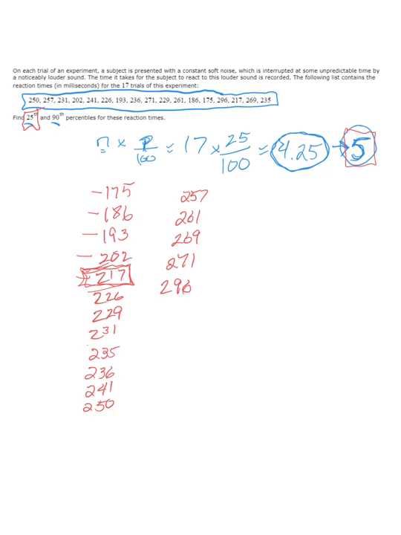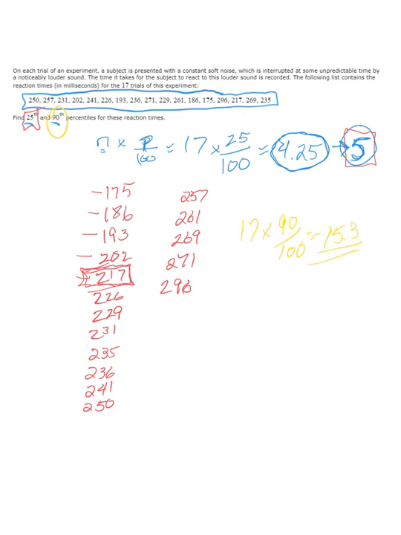So next, I need to find the 90th percentile. So again, I am going to use that formula. 17 is my sample size, and I multiply that times 90 over 100, and I'll get a decimal of 15.3.